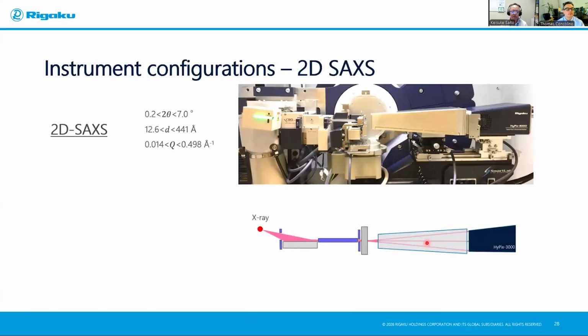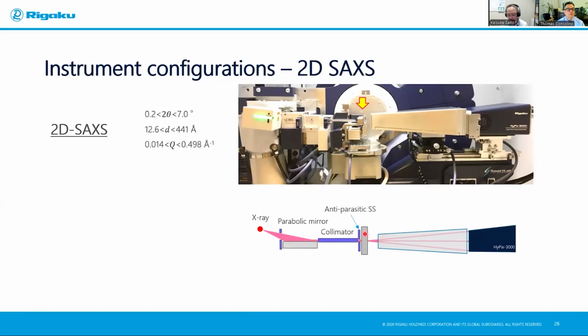So let me discuss the SAXS configuration first. This is an example SAXS configuration. X-rays from the left are collimated, or converted to a parallel beam. Up to here, it is the same configuration as the thin film. Then the X-rays transmit through the collimator to shape the beam very small. After that, we have an anti-parasitic scattering slit to suppress parasitic scattering from the collimators.